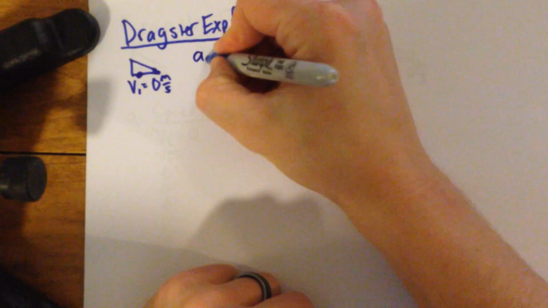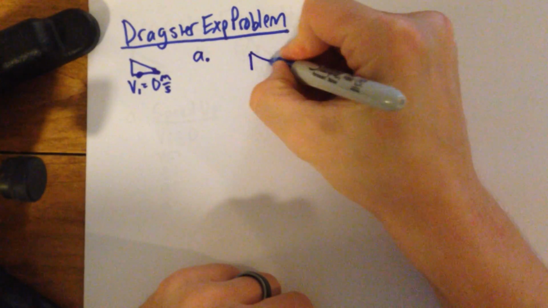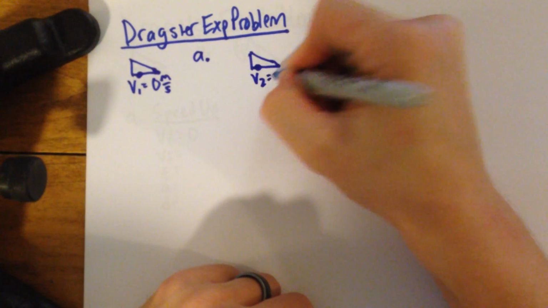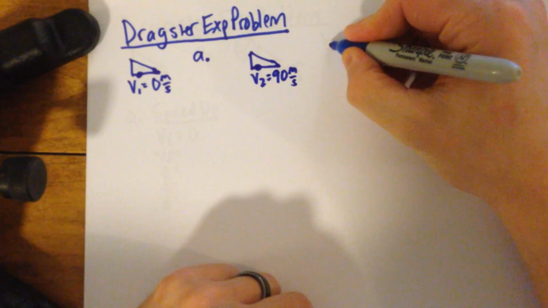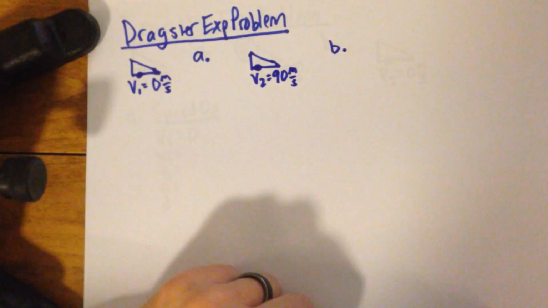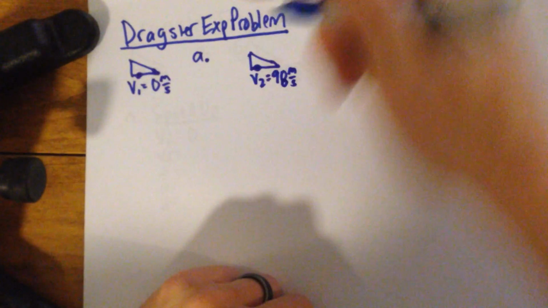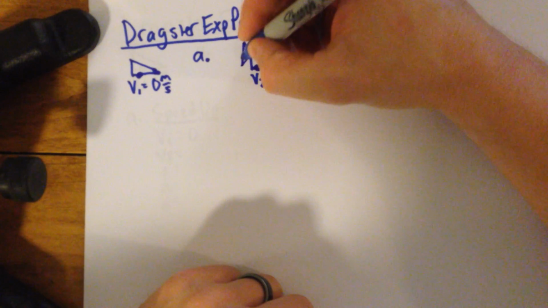In part A of our problem, the dragster is going to speed up. It could reach a speed of 98 meters per second. So that's our second velocity mentioned, V2. Once it hits its top velocity of 98 meters per second, a parachute is programmed to deploy.